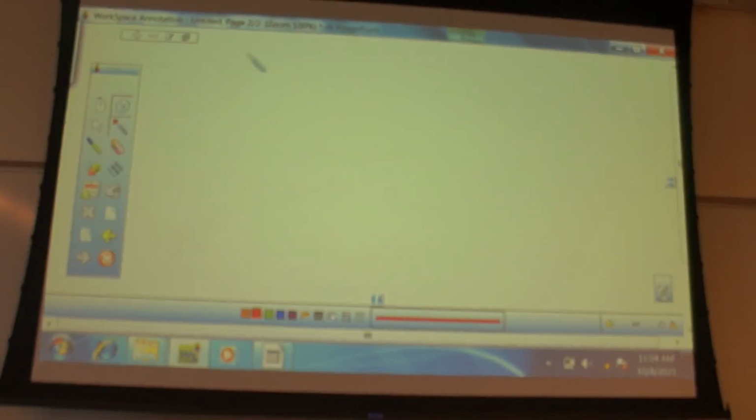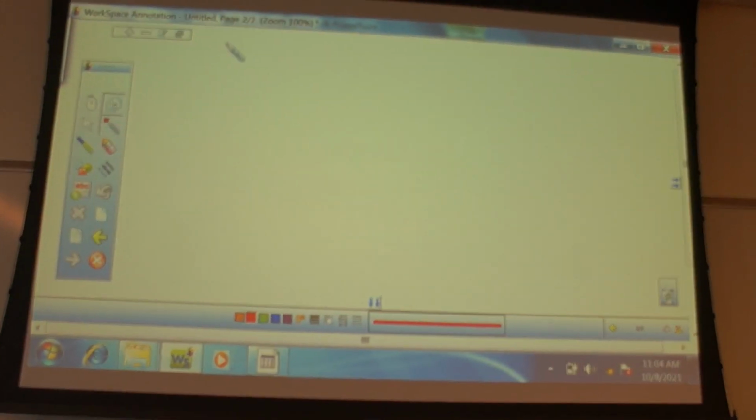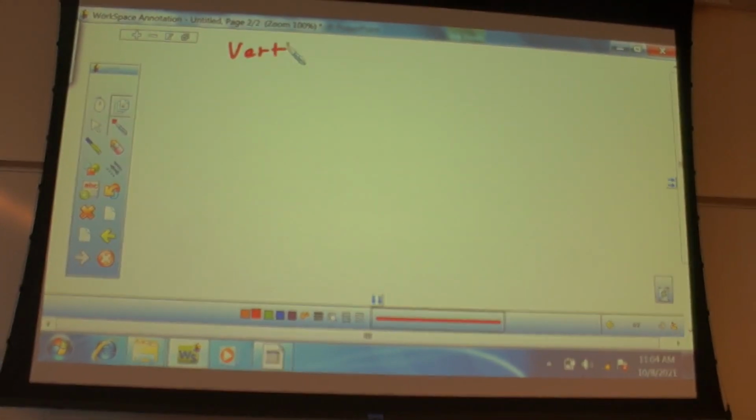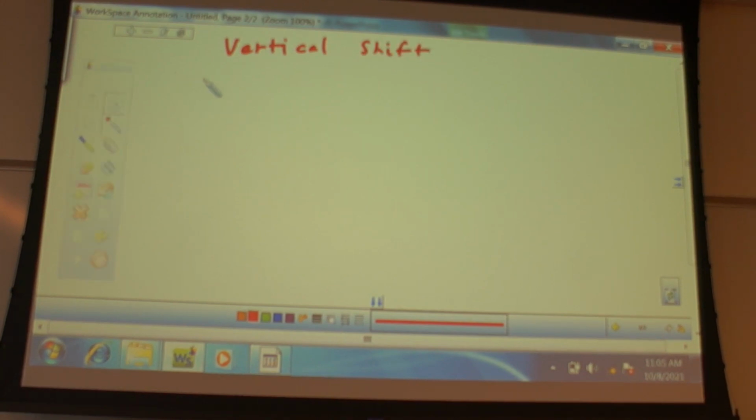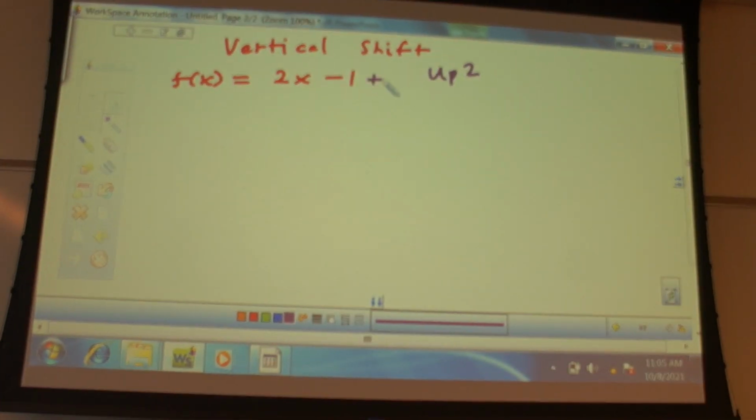All right, so just a reminder, if it's a vertical shift, so f of x equals 2x minus 1. If I want to go up 2, I just add 2 at the end, right, and simplify.